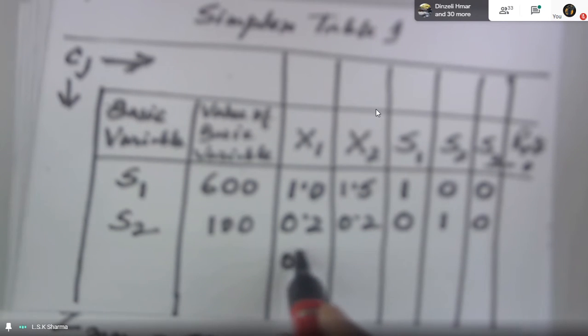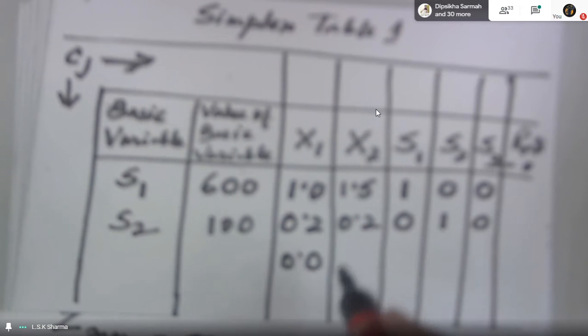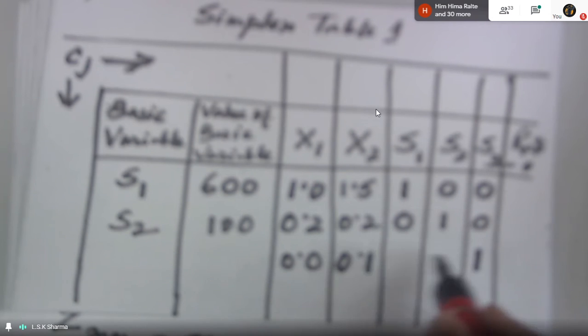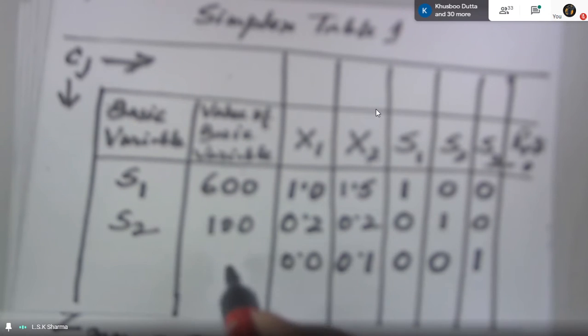The third one has x1 as 0.0, and x2 as 0.1, and S3 is 1. We don't have S1 and S2, so they become 0 and 0. And what is the value of the basic variable out here? It is 30, and the slack variable is S3.